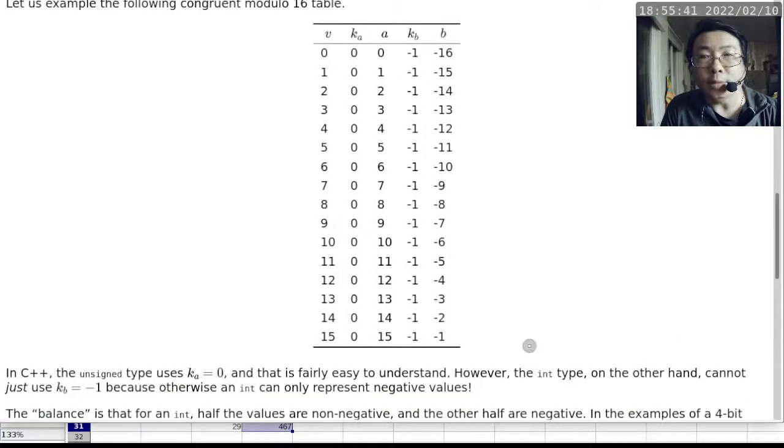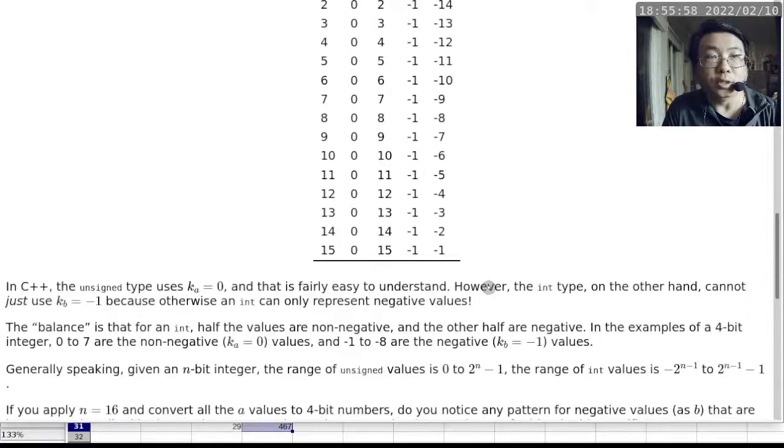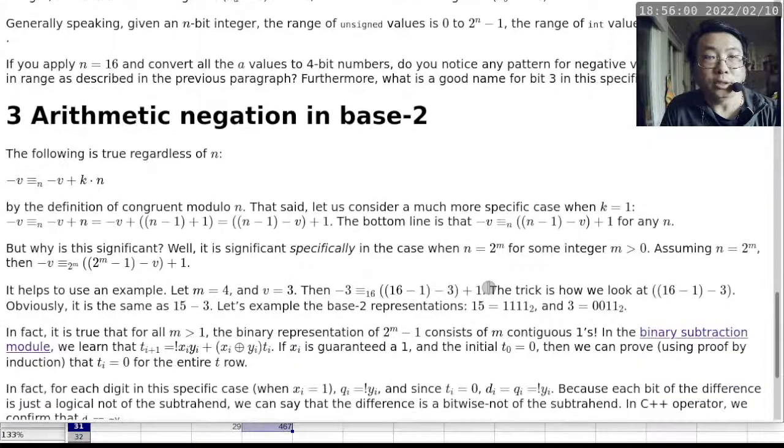So going back to this table, when v equals 13, which is really just looking at the bit pattern of 1101, when the coefficient is -1, we do indeed see the value of b being -3. So it is very consistent with what we talked about earlier.